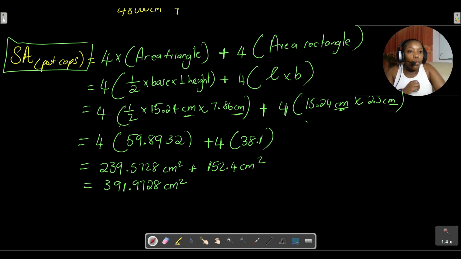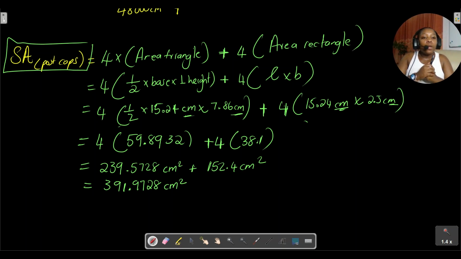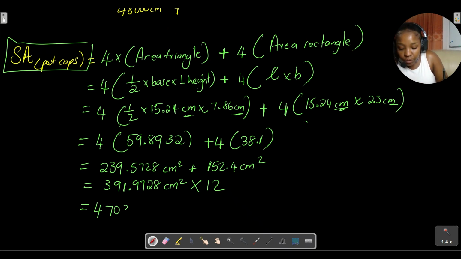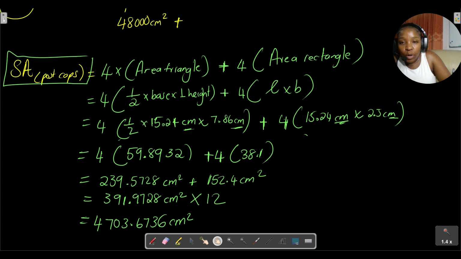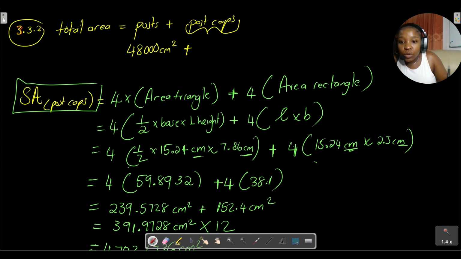Remember, we want to erect 12 posts, and for every post we've got a post cap. So we need to multiply that by 12. If you multiply by 12, you get 4,703.6736 centimeters squared. Then we substitute it into the formula we had at the top. That's the post caps.